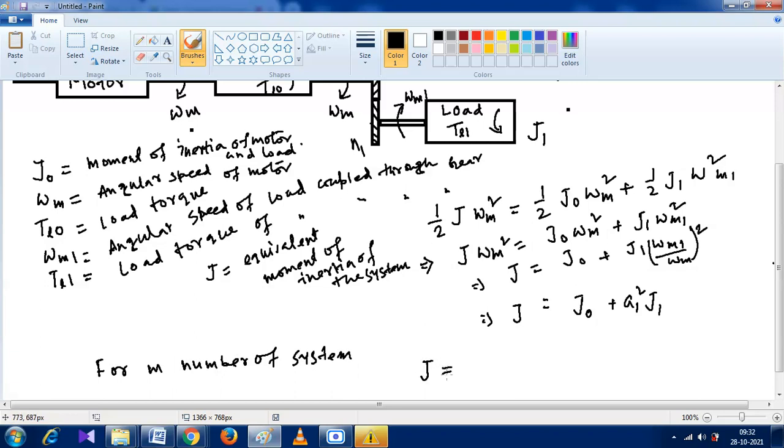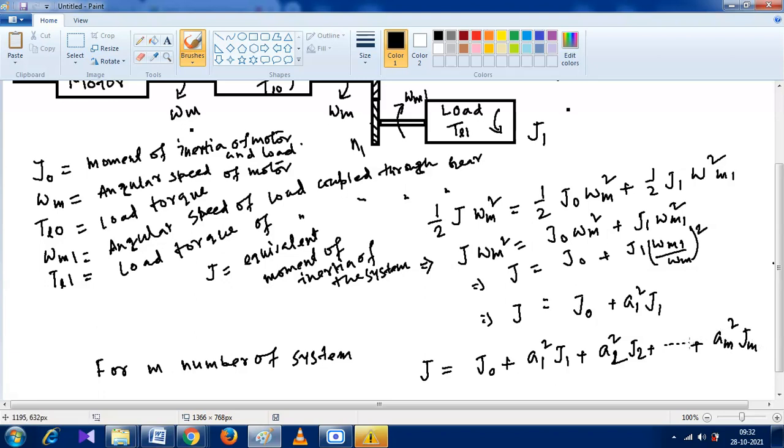J is equal to J0 plus a1 square J1, then a2 square J2, up to am square Jm, like that.